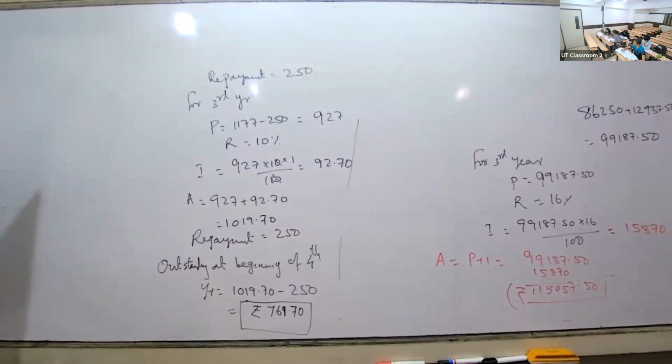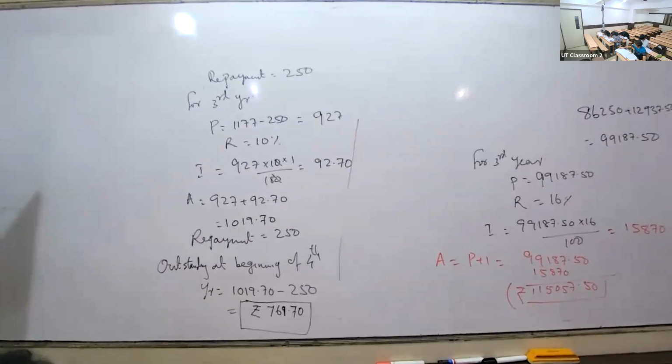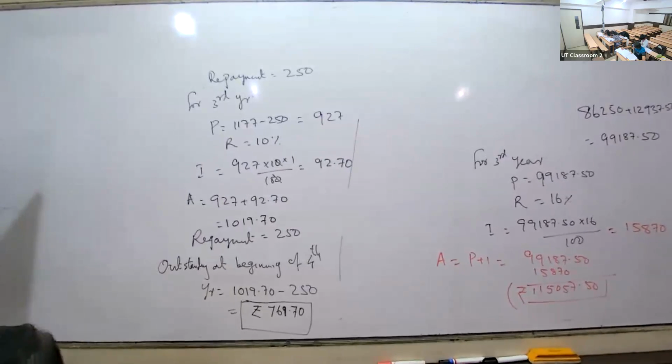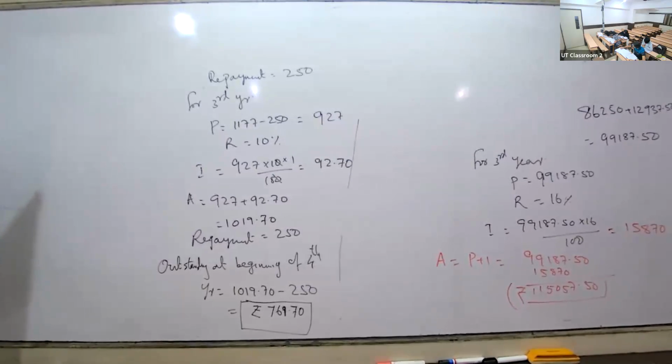For the second year, P is equal to 2,800. R is again 12%. Therefore, I is equal to 2,800 into 12 into 1 upon 100. Zero is cancelled. 28 into 12, find out.